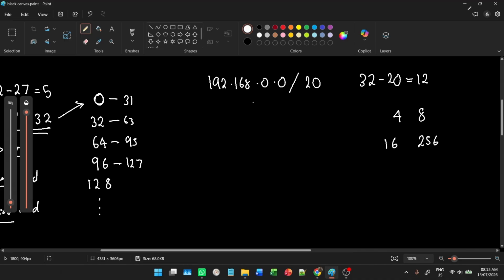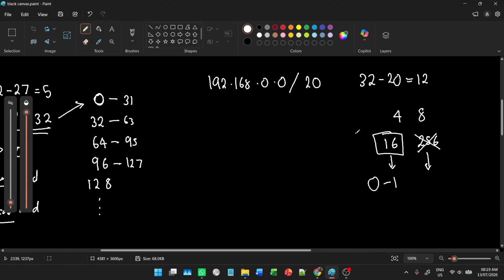So how this will break is, this is going to break into chunks of 16. Essentially we just have to consider blocks of this, right?